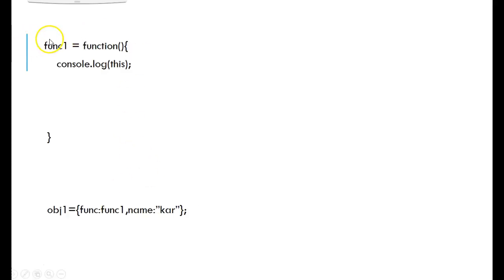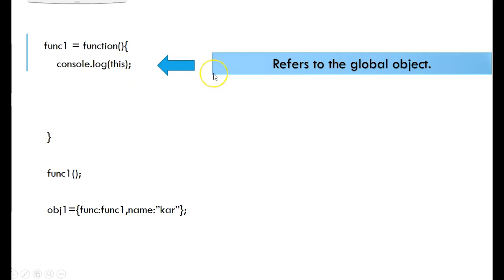So I have a simple function here named func1, and I am just trying to console log this. And I have an object1. Let me first call the function, func1. In this case, what will be the value of this? It refers to the global object.